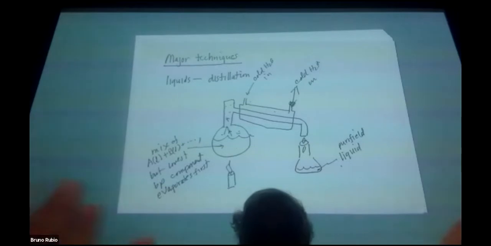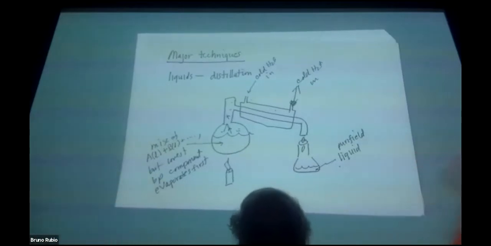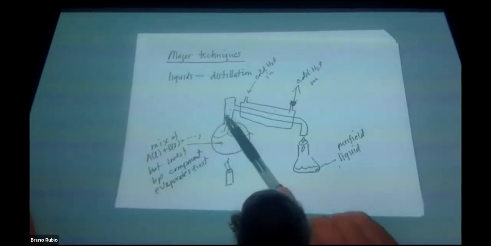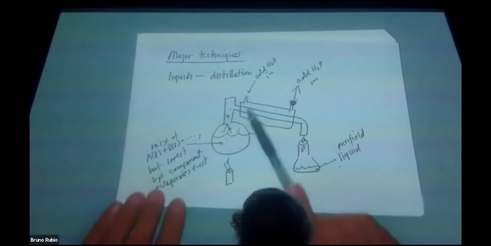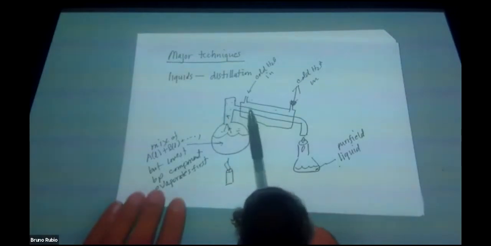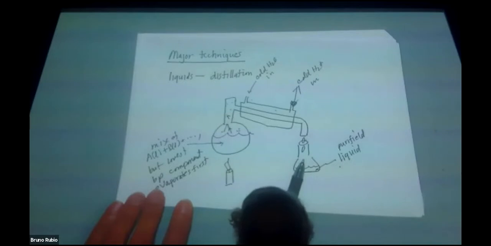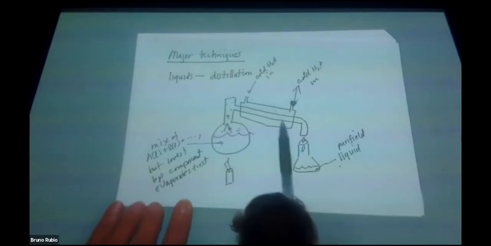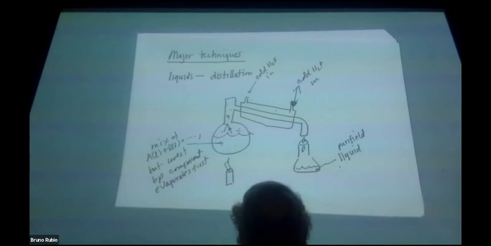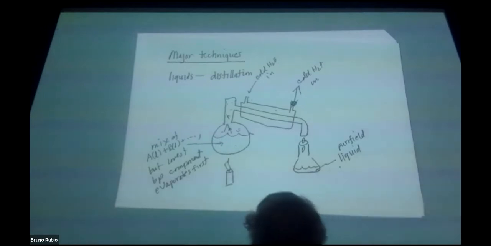All right, so this is essentially how distillation works. You have a mixture of a bunch of liquids, and some of them are high boiling and some of them are low boiling. You heat them up, you vaporize them, and the low boiling component is going to come off first, and it's going to be knocked down from the gas phase back to the liquid phase, as it is exposed in this part of the distillation apparatus that has that cold water.